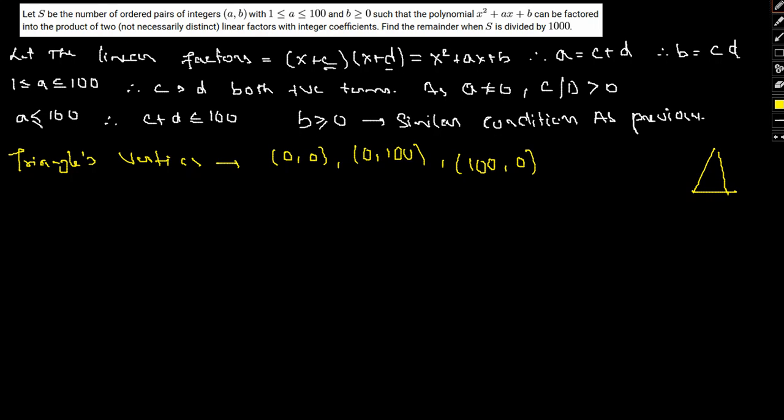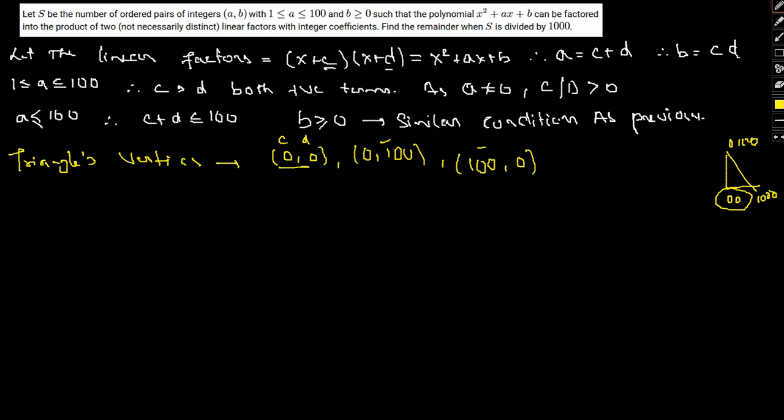This particular point will be (0, 0), this will be (100, 0). Basically a right angle triangle, sorry, my bad. It would be something along these lines: (0, 0), (100, 0) and (0, 100). The point (0, 0) cannot be used because c and d cannot both be 0. So our points of consideration would be (0, 100) and (100, 0).